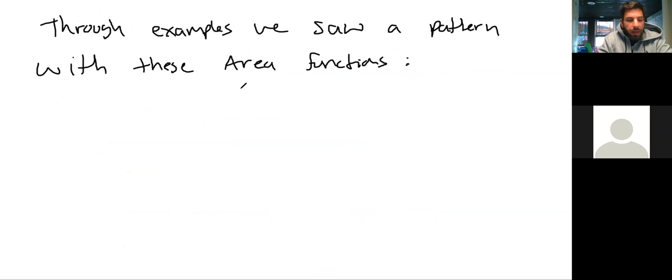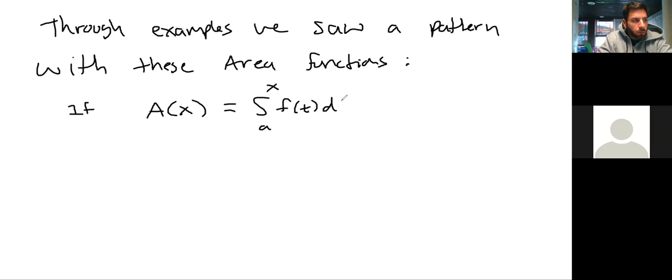And so what was the pattern we saw? We saw that if A of x had some form, which I'll write like this, then its derivative was just the function that we meant to integrate.